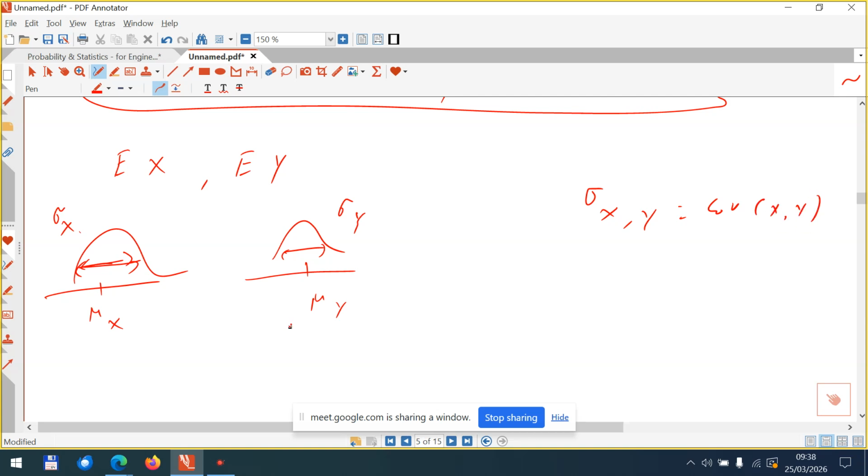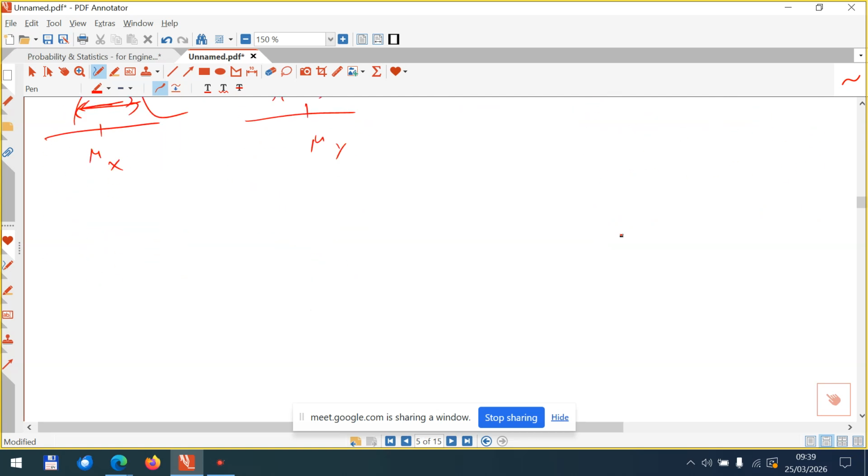But to compare these two, or to discuss the values of sigma xy, because the value of sigma xy will depend. Let's now decompose this, right?